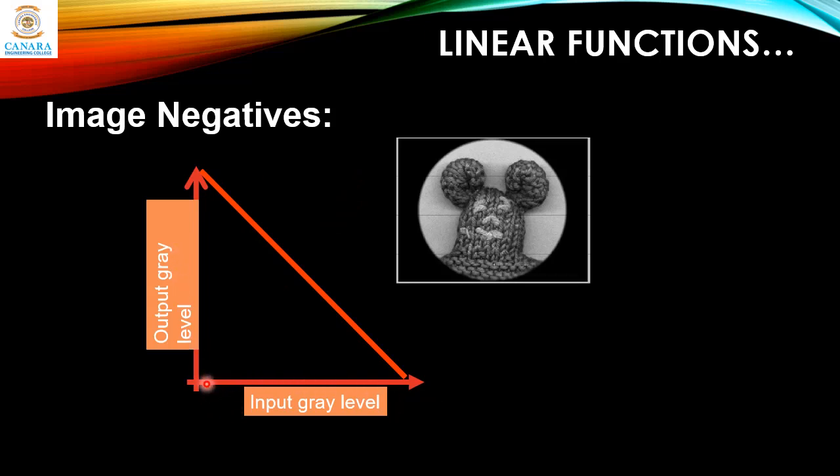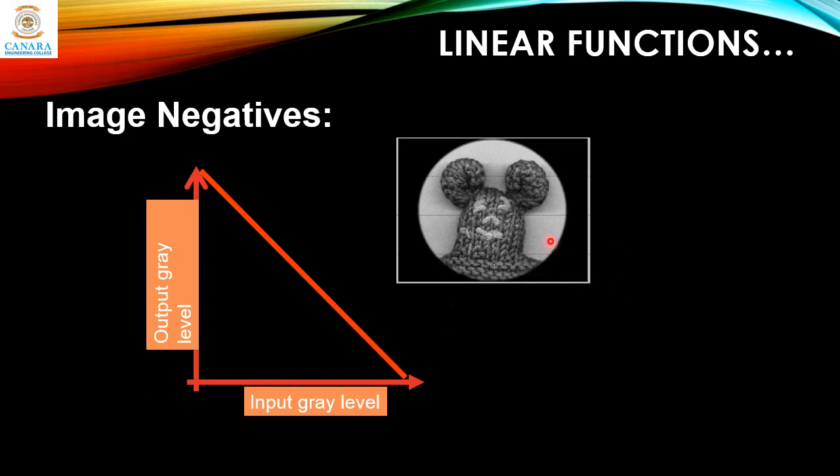A higher input value is mapped to low levels of output, and a low input value, if it is in the range 0 to 100, say around 10, will be mapped to somewhere around 90. An input value of around 100 will be mapped to 0, and an input of 0 will be mapped to 100 in the output. So it's basically inverting the levels.